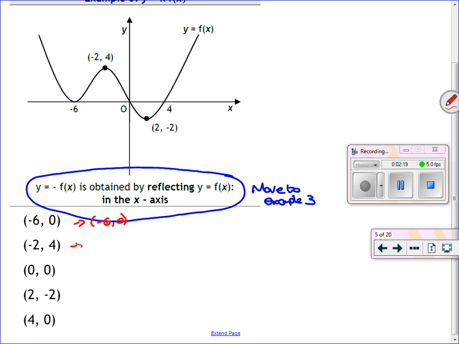Minus 2, 4 is going to be minus 2, 8. 0, 0 stays as 0, 0. 2, minus 2 goes to 2, minus 4. And 4, 0 stays as 4, 0.